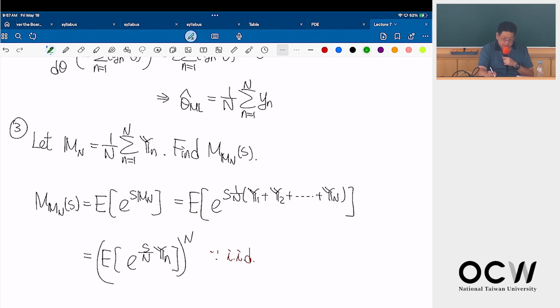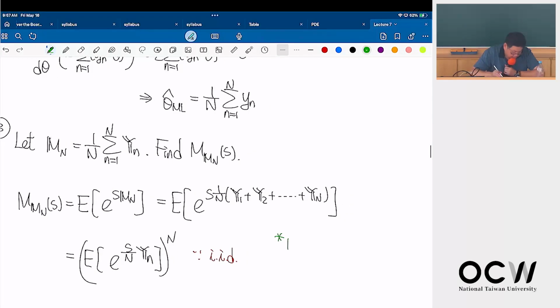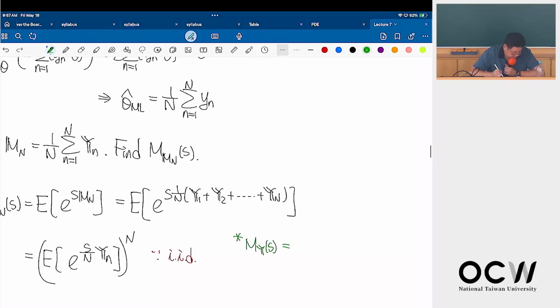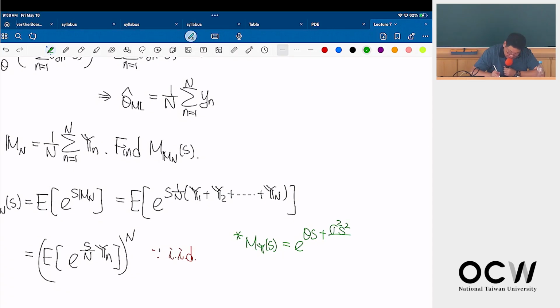And now remember that the moment generating function of Gaussian is e to the theta s plus sigma squared s squared over 2.